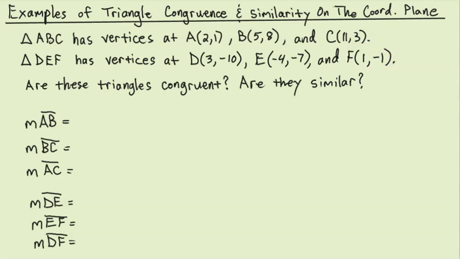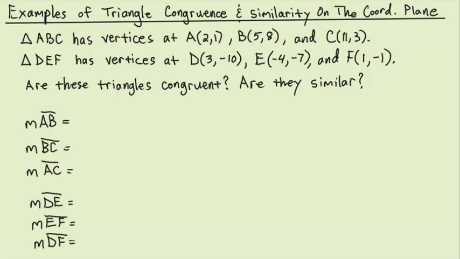And so the three sides of the first triangle are A to B, then B to C, and then A to C. So we've got to get the measure of side segment AB, then the measure of side BC, and then the measure of side AC, and then we'll do DE, then EF, and DF.